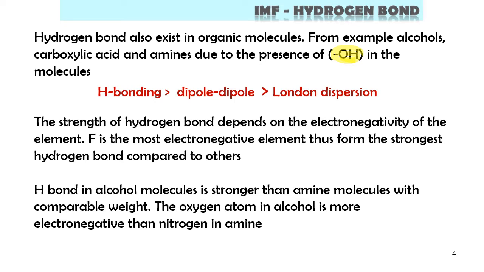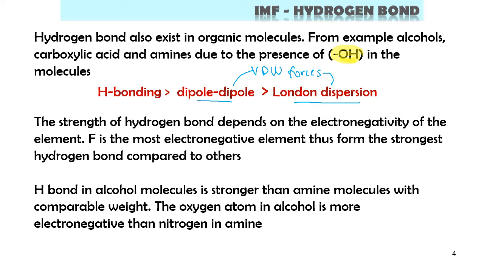Okay, so look at the strength of the hydrogen bond. So, before this we have learned van der Waals forces. Okay, so for van der Waals forces there are dipole-dipole and London dispersion forces. So, the least strength, the weakest, is London dispersion forces and then followed by dipole-dipole.